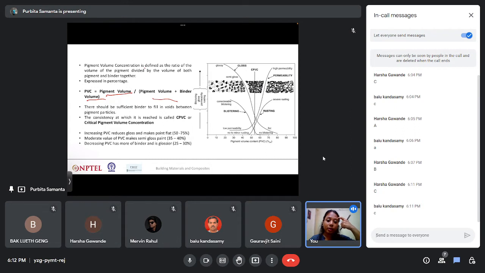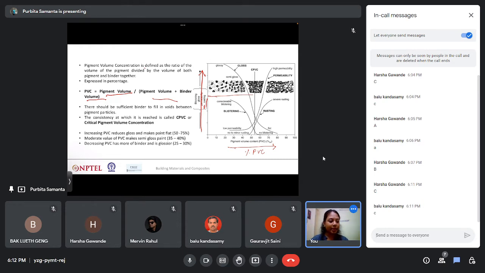If you look into this particular image as well, in the x-axis we have pigment volume content, that is what percentage of PVC is there, and here we are talking about the different properties like blistering, the glossiness that you'll get, the kind of permeability, or the kind of rusting you'll get when applied.